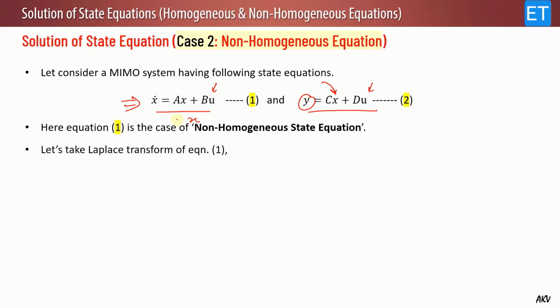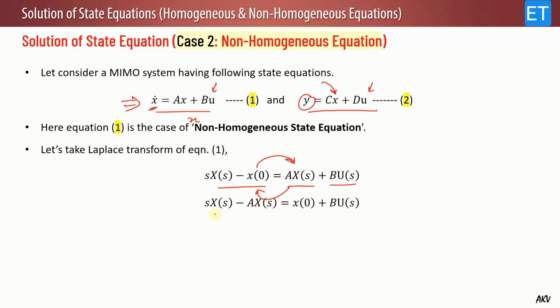So again, I will go through the Laplace transform, the frequency domain approach, to solve this differential equation. Taking the Laplace transform of equation 1, x dot becomes sX(s) minus x0, Ax(t) is AX(s), and Bu(t) is BU(s). Okay, it's simple. Now taking x0 to the right and AX(s) to the left, you get this.